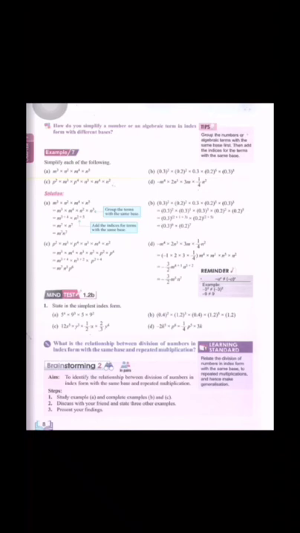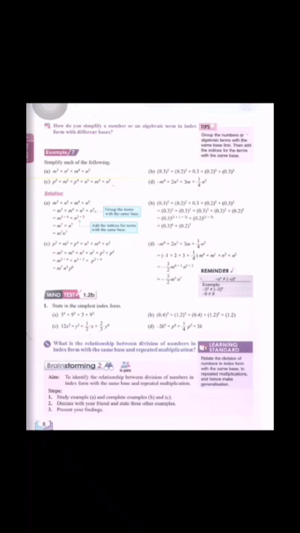Then p, we have the power of 2 and 4. We add the indices for the terms that have the same base. So m to the power of 3 plus 4, we get m to the power of 7. Then n to the power of 2 plus 3, we will get n to the power of 5. Then p to the power of 2 plus 4, we get p to the power of 6. So the last answer, we get m to the power of 7, n to the power of 5, p to the power of 6.